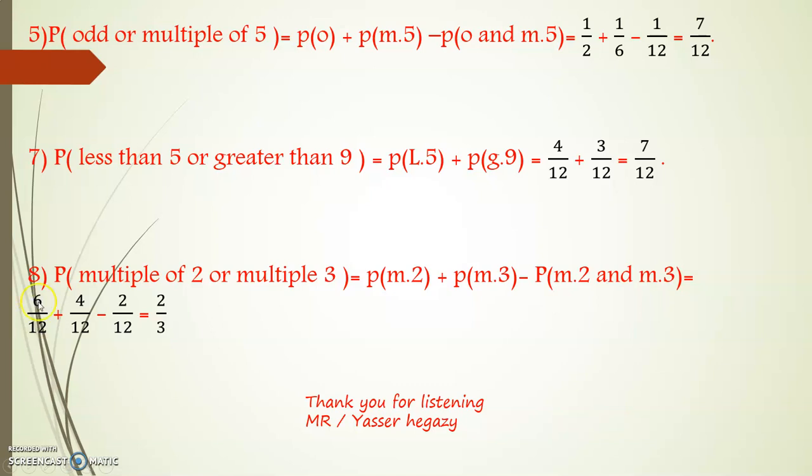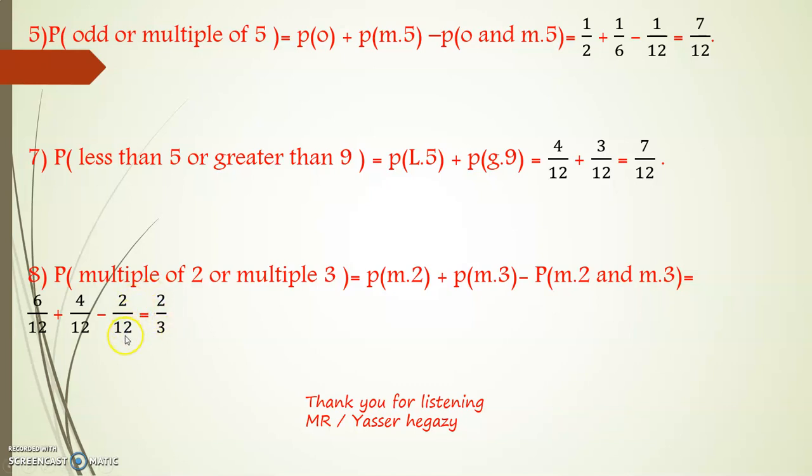When we count them, it's 6. Multiples of 3 are 3, 6, 9 and 12. Minus the common events between the two: 6 and 12.